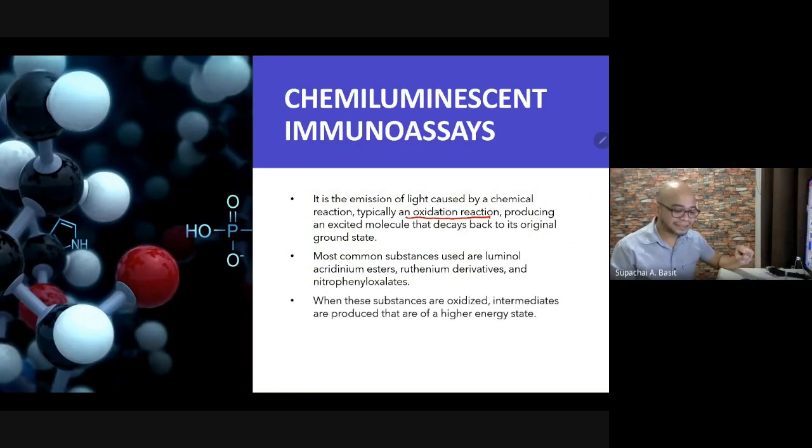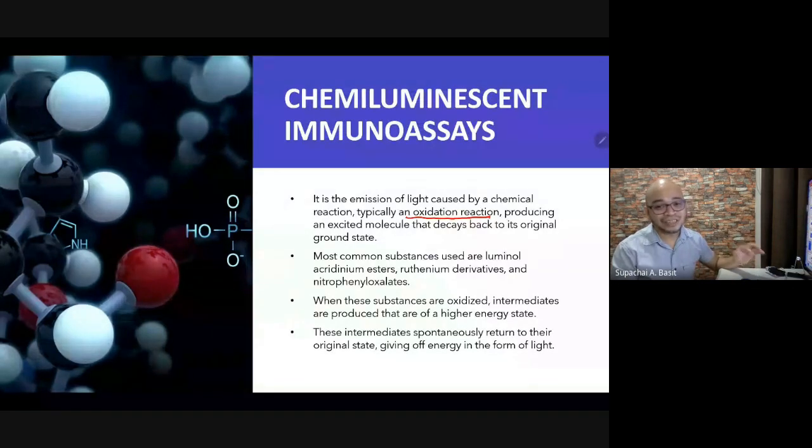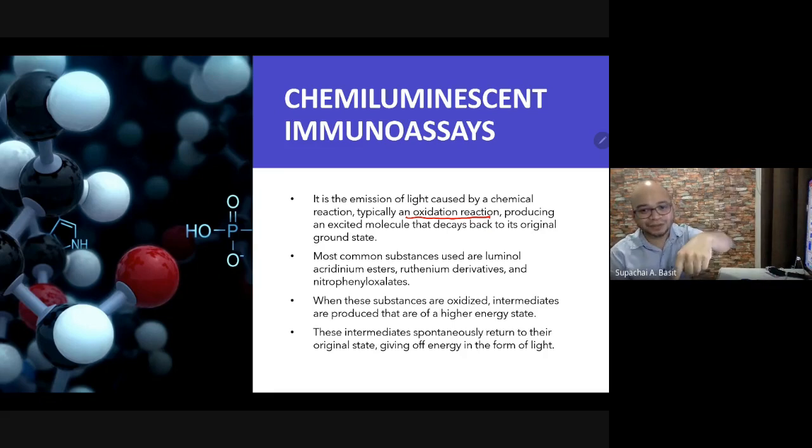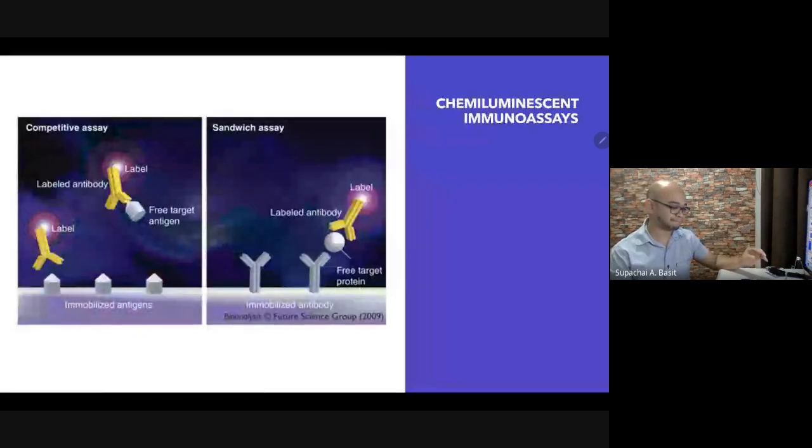When these substances are oxidized, intermediates are produced that are of higher energy states. Upon reaching the higher energy states, these intermediates spontaneously return to the original state, giving off energy in the form of light. From high energy, it goes down to the original state, and as it goes down, it produces light.